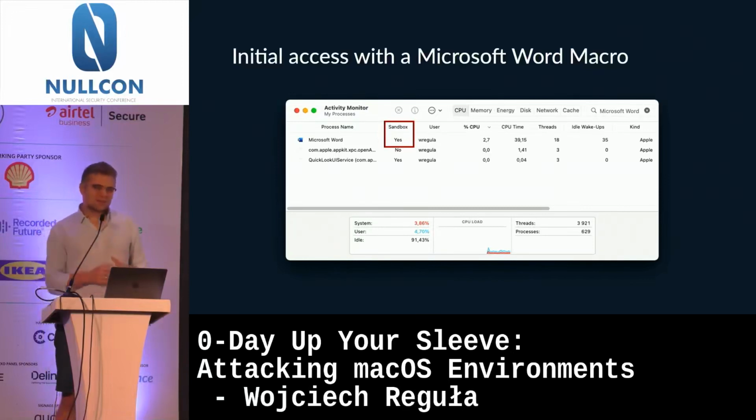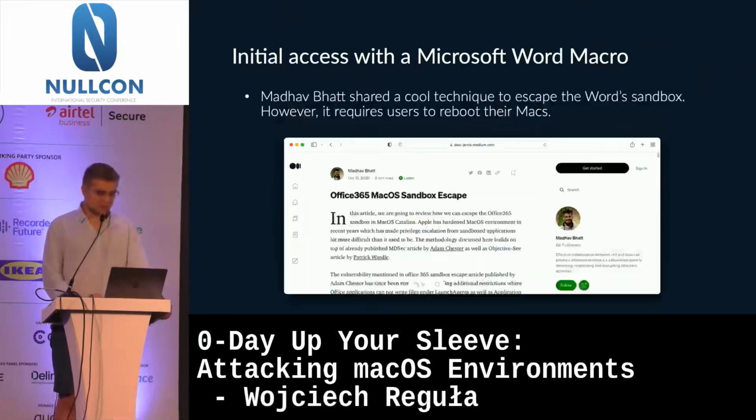So we can do only limited stuff on that machine. However, there is another bypass for it, made by Madhav, who shared a really cool technique that allows us to escape the Word sandbox. However, it requires the user to reboot their Macs.